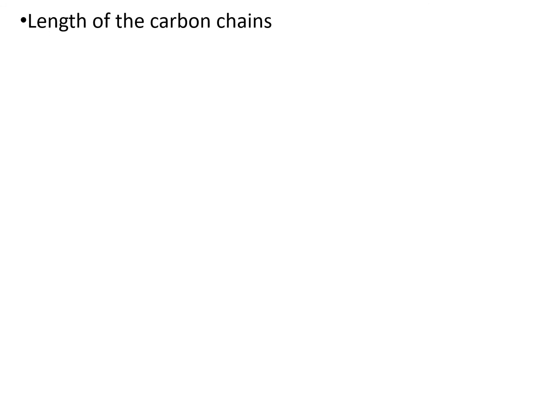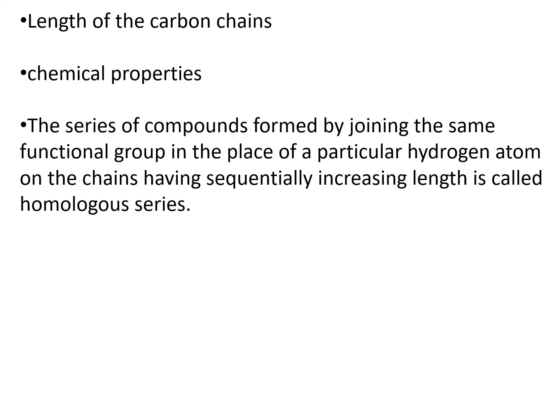So the length of the carbon chain increases, and therefore the chemical properties also change. Even though they have the same functional group, the properties are different in different compounds. The series of compounds formed by joining the same functional group in place of a particular hydrogen atom on chains of sequentially increasing length is called a homologous series.